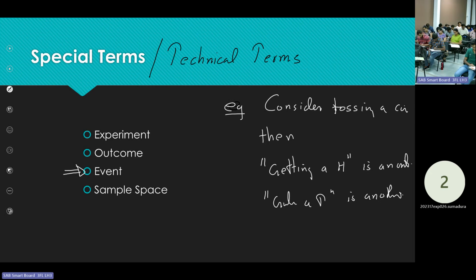A single outcome or a collection of outcomes can generate an event.